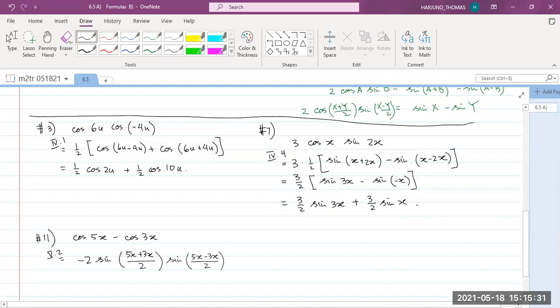Use the formula first. Don't compute right away. Okay, so I use the formula first, and then in the next step I compute 8x divided by 2, that's 4x. 2x divided by 2, that's x. Done, right?